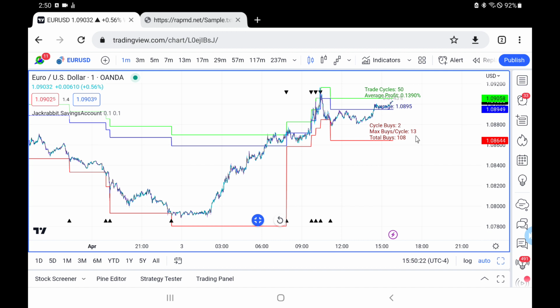Now, if you spent any time studying Jackrabbit or listening to my videos, you'll hear me talk about the golden rule. So the maximum number of buys doubled, rounded to the nearest 10. 13 doubled is 26, rounded to the nearest 10, means you need a minimum of 30 positions of whatever your position size is.